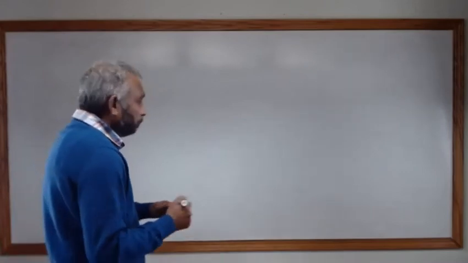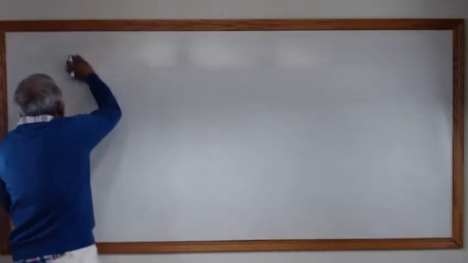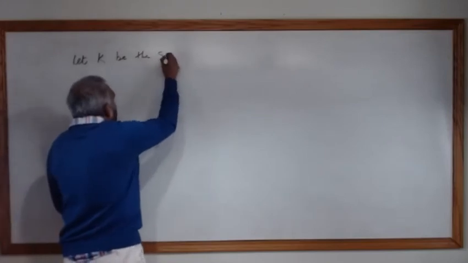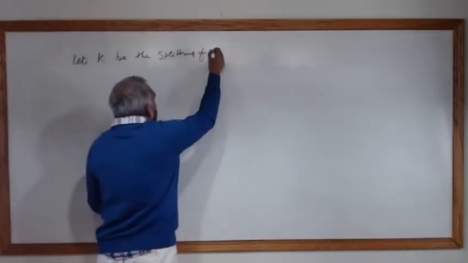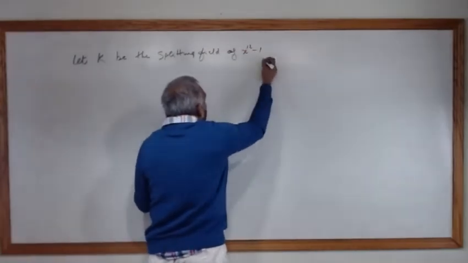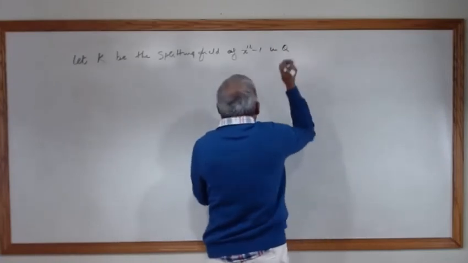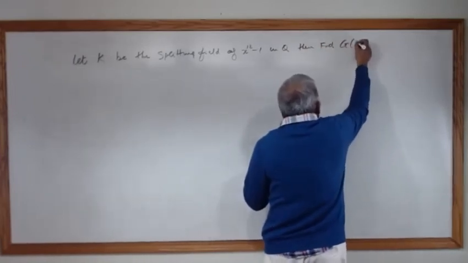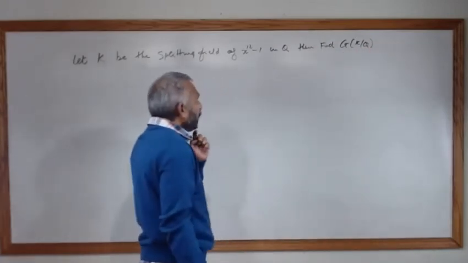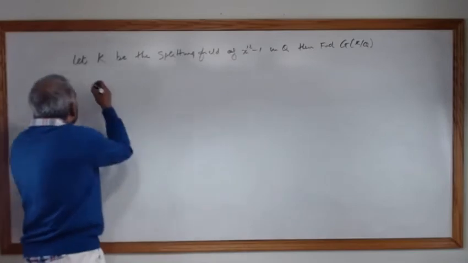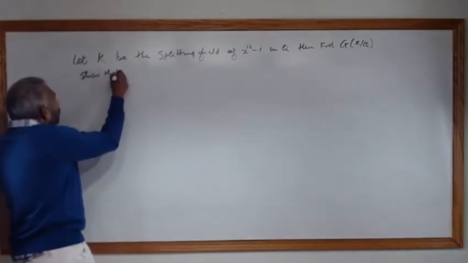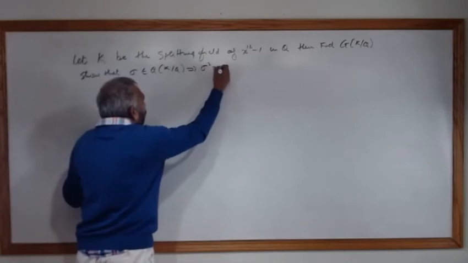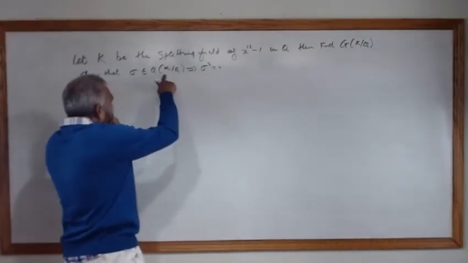So we'll do another problem. Let K be the splitting field of x to the power of 12 minus 1 in Q. Then find G of K over Q, the Galois group of K over Q. And also show that sigma belongs to G of K over Q implies sigma square is equal to I, the identity element of this Galois group.